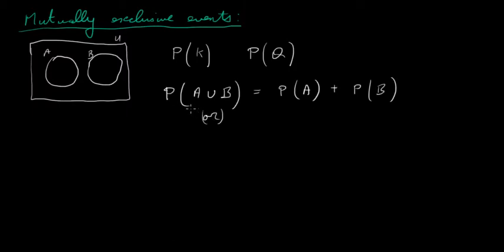So with mutually exclusive events, you have two events A and B. The probability of A or B occurring is the probability of A plus the probability of B.